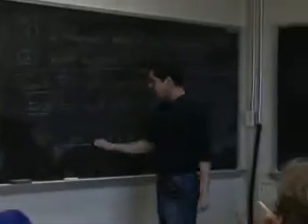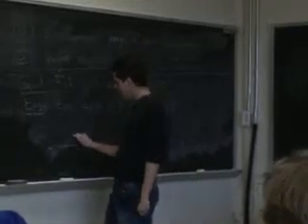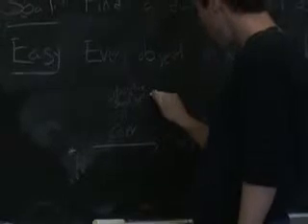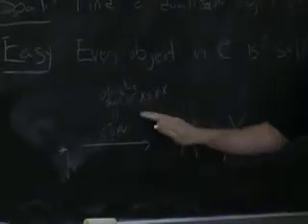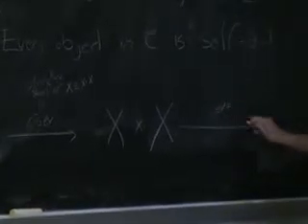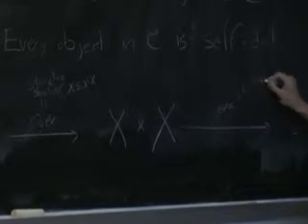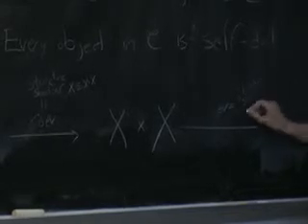So there's a natural candidate for what that is, namely take this co-evaluation map to be the structure sheaf of the diagonal embedded in x cross x. In other words, the push forward of the structure sheaf of x along the diagonal. And you can take the evaluation map also to be the same thing, the structure sheaf of the diagonal.